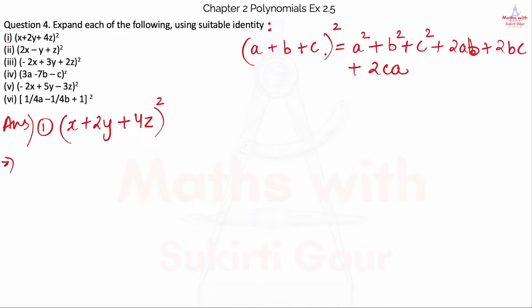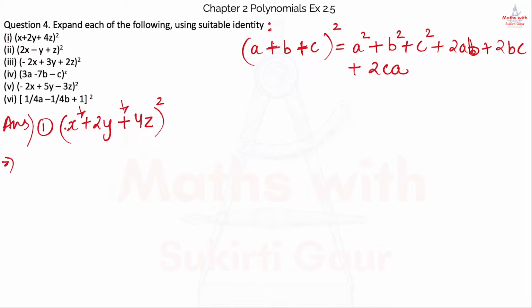Right? Here you can see we have plus in between. So the formula is for (a + b + c) whole square. Now we will be modifying the terms according to our question. Let us see how we can do that. Here we have got plus and plus here.